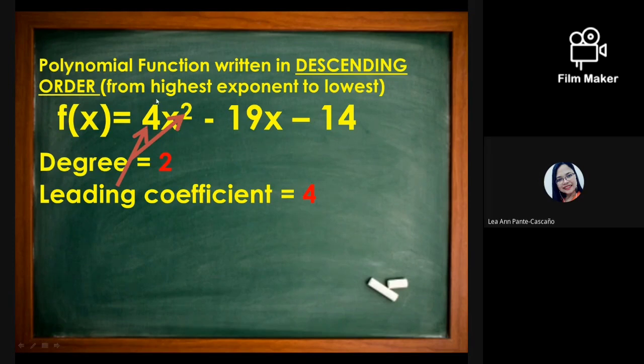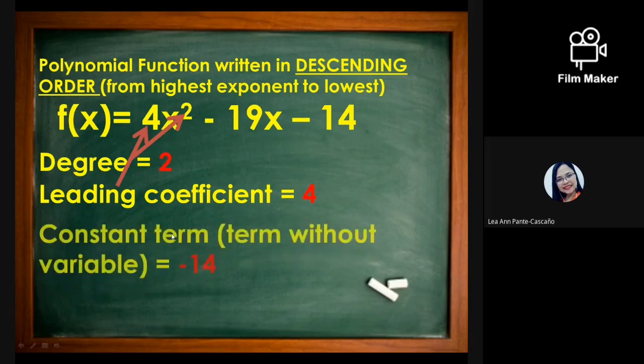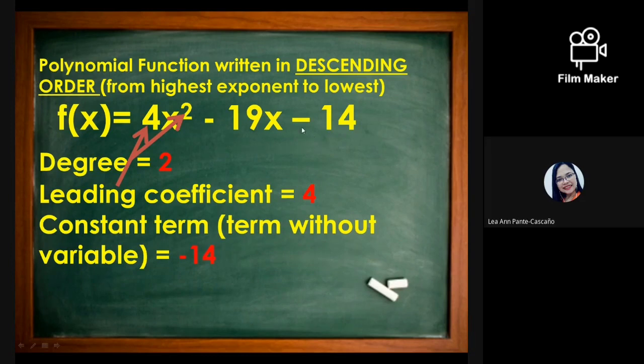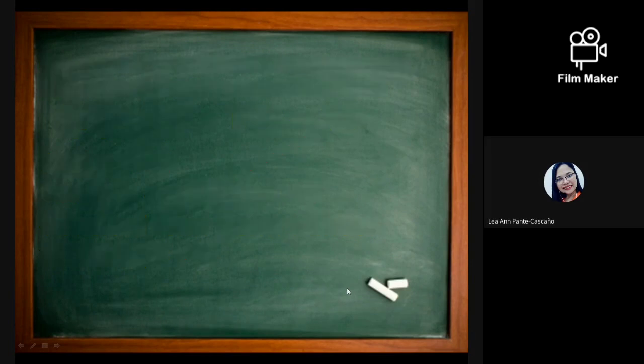This is your leading term, but the leading coefficient here is the constant number. So therefore, the leading coefficient is 4. And the constant term without variable, that is the last number here, which is negative 14. Include the sign in identifying your constant term. So that will be your constant term.